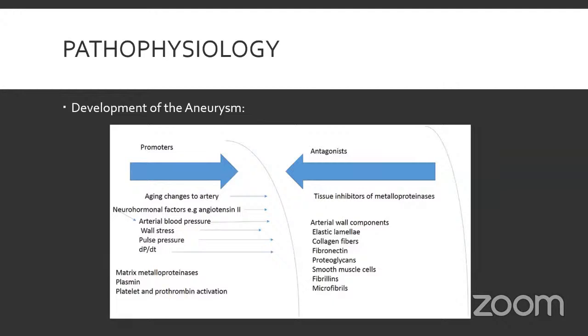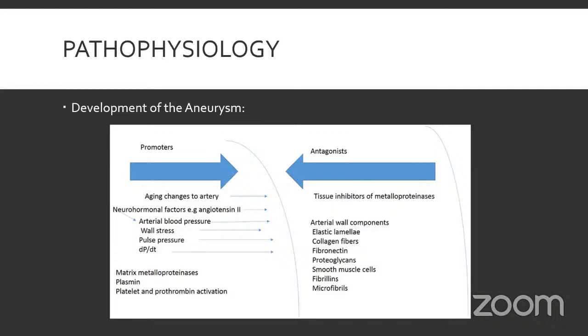Different promoters for the development of the aneurysm could be, for example, aging. Aging plays an important role. I mentioned before the elastin and collagen differences. One reason for mentioning those is that when an individual ages, the ratio between those two components is disturbed, favoring collagen.